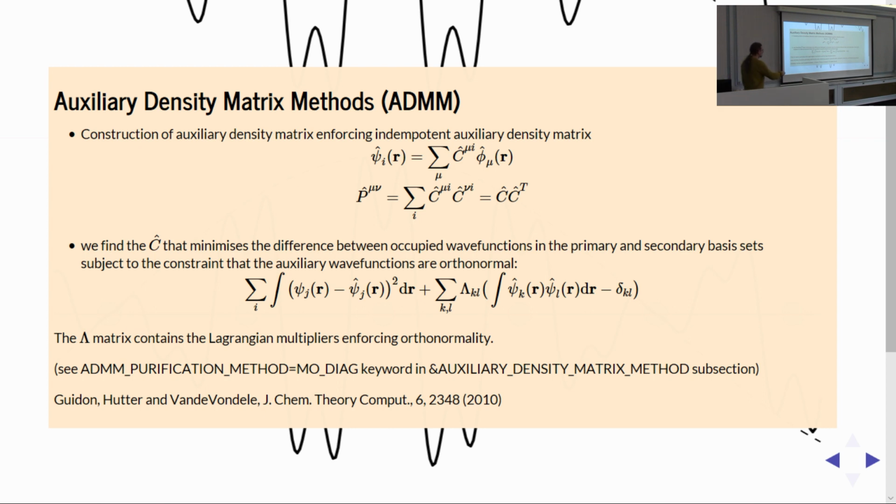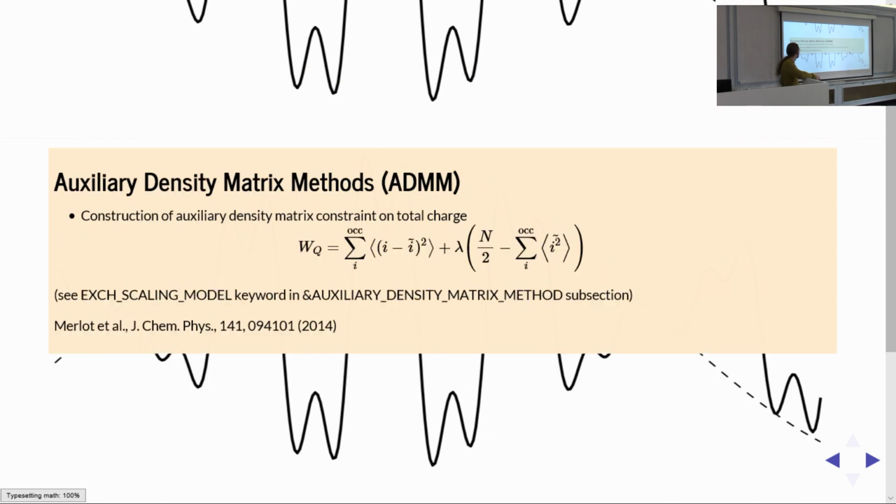So there's a set of Lagrangian multipliers. If you set ADMM purification method to MO diag in the auxiliary density matrix method, that's what it will do. This method is perhaps a bit more satisfying in the sense that these auxiliary Kohn-Sham orbitals are better behaved. Whether it's actually much more accurate, I don't think we have any firm evidence.